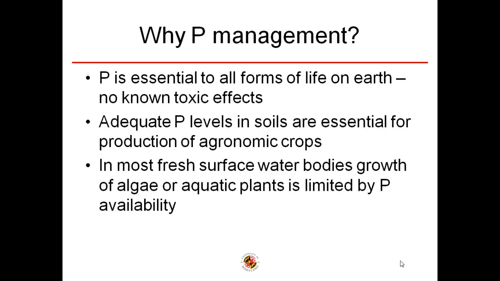So phosphorus is really responsible for our current levels of production globally in agriculture. A lot of people think nitrogen, but nitrogen, we could always get plenty of nitrogen from manures historically, back in the 18th century, 19th century, before the advent of phosphorus fertilizer.